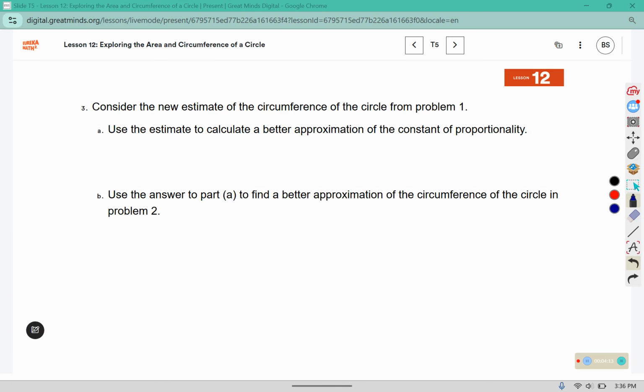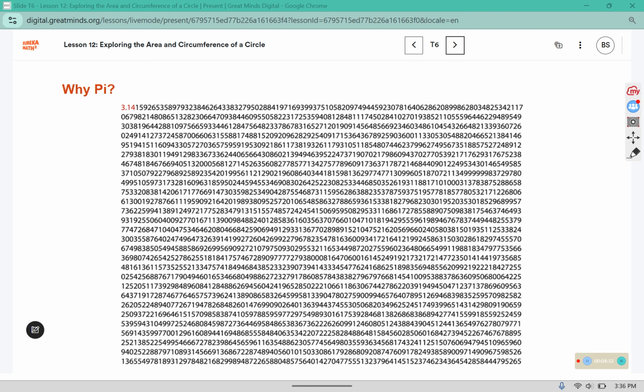In the previous lesson, we were looking for some kind of relationship or constant of proportionality between the circumference and the diameter. And we found that it's about 3.14, but that value actually has a name. What do you notice about this number?